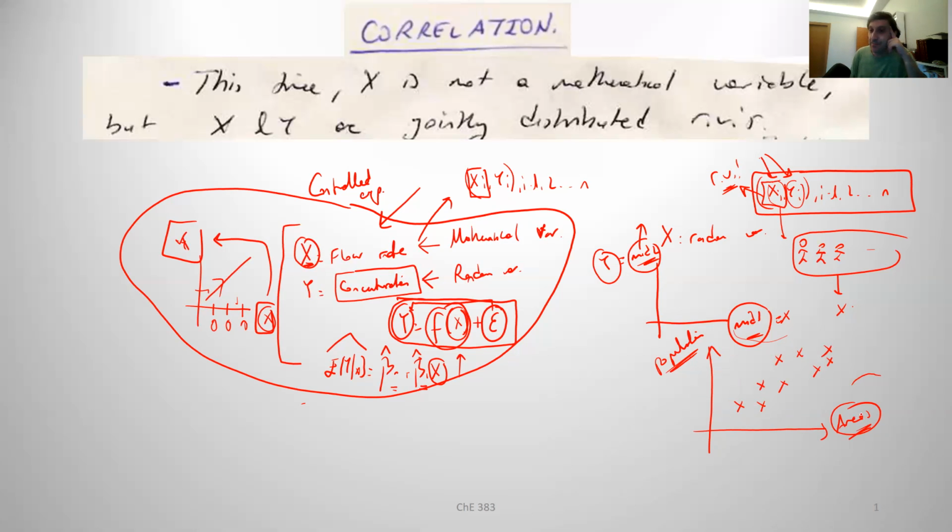So in this case, both area and population are going to be random variables, because if you take another sample, both these areas and population values would have changed. It is not like the flow rate that I can determine. But just like this one, I can scatter plot these two, and I can come up with again a relation. And that's what this chapter, this part, is going to be about.